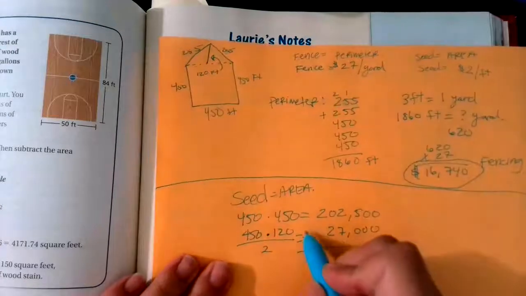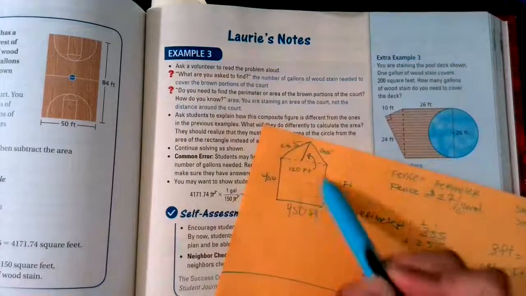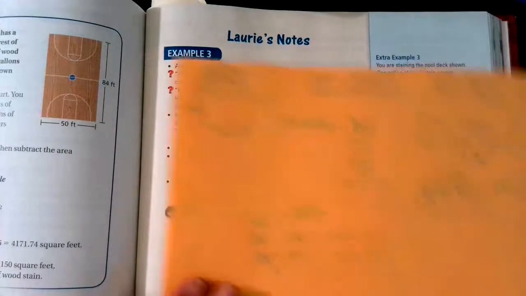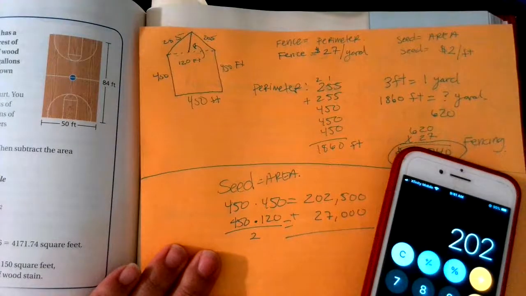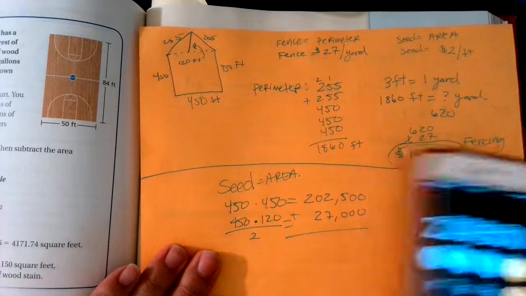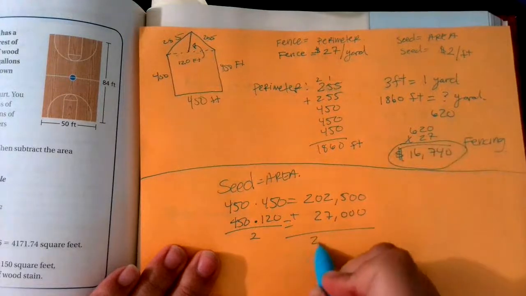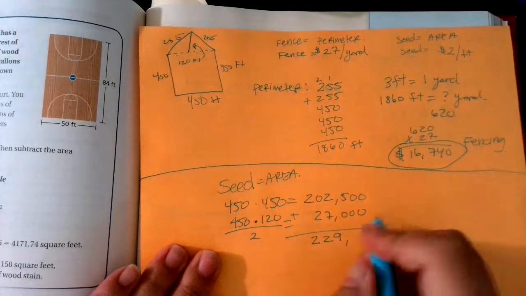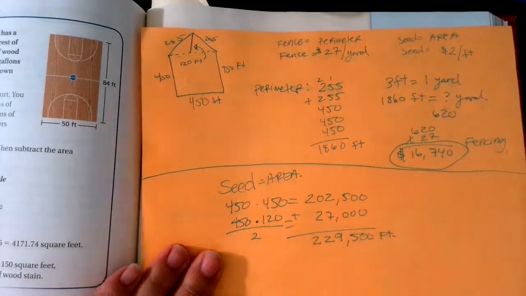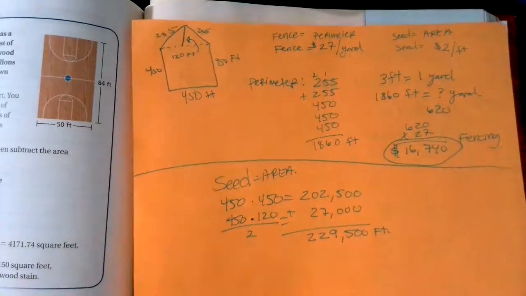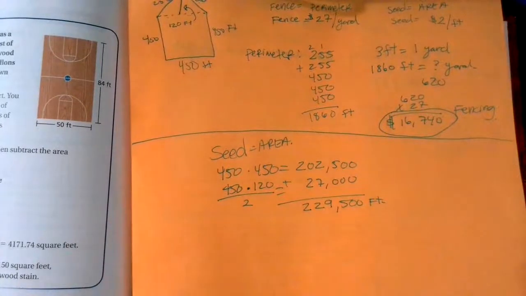If you add these two, because that's adding the square and the triangle to get the area, 27,000 plus 202,500, that is 229,500 square feet. Right? That is the area of our pasture.